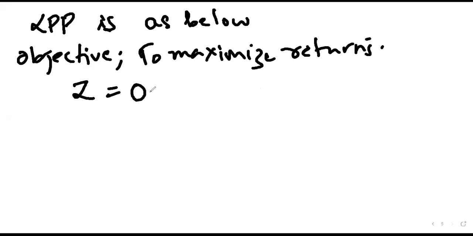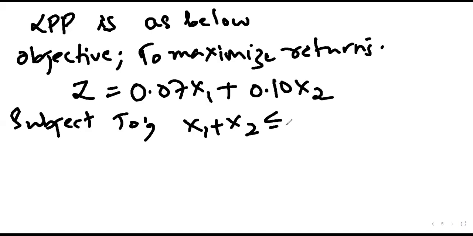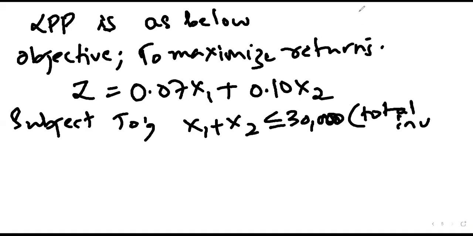0.07 X1 plus 0.10 X2. Correct. So if we have to realize this return, then there are different constraints. What are those constraints? The first constraint, X1 plus X2 less than or equal to 30,000, total investment.